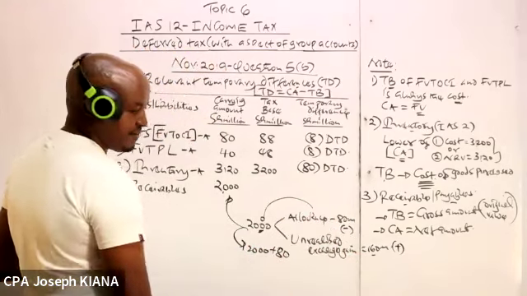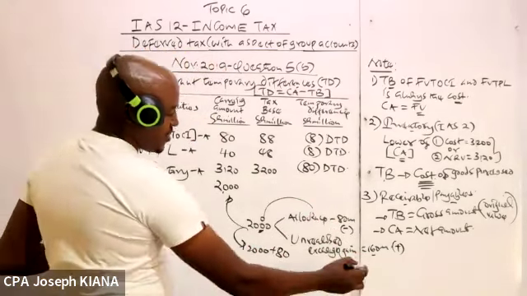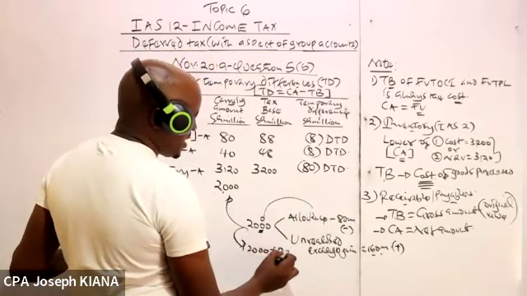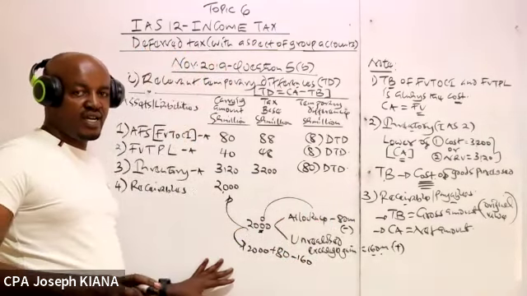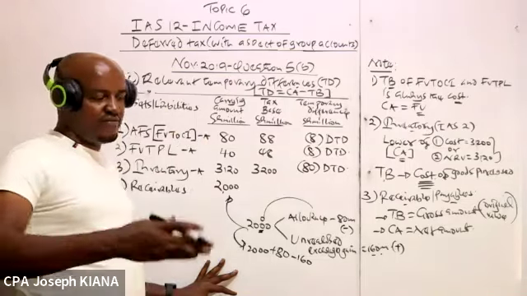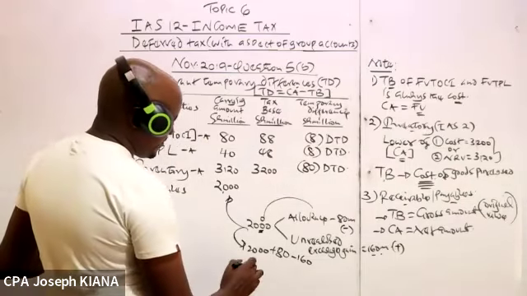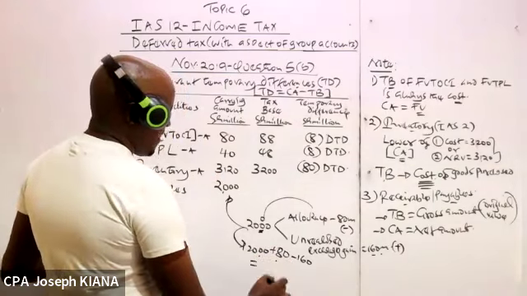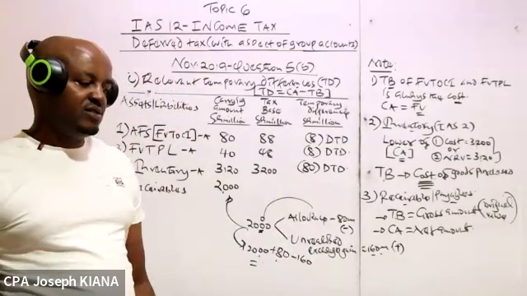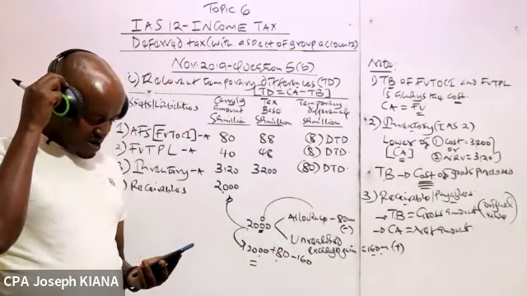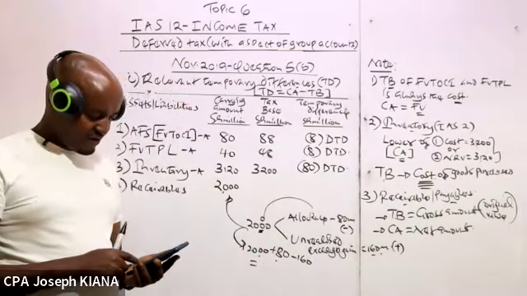We add it back. This 160, which has been added here, we do what? We less it. That's basically how we arrive at the original figure for receivables. So therefore, the original figure for receivables will be 2,000 plus 80 minus what? Minus 160. So this will give us a final figure of what?